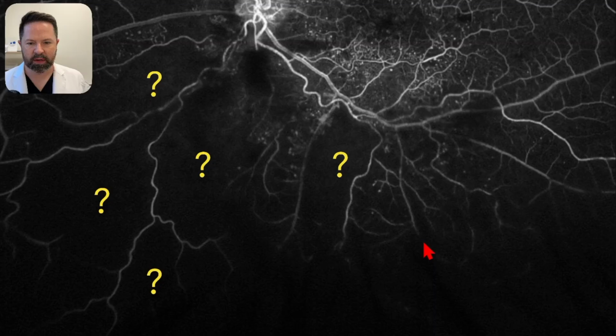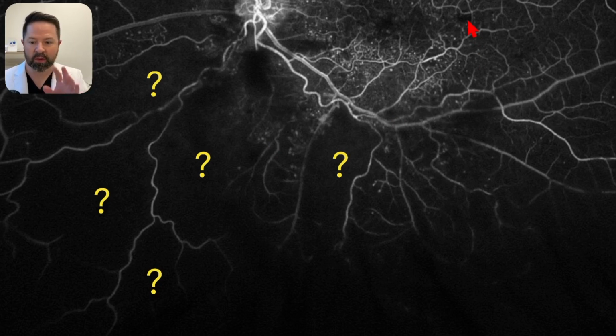If we drill down into some of these territories, the body asks itself, okay, there's no blood flow here, there's no blood flow there, and so on. It asks itself, can I live like this? The retina, in a sense, starts to cry out for help. Remember, at first, they're just tiny little spots where there's not enough blood flow, like, for example, right there. And we might see a tiny little hemorrhage on the examination.